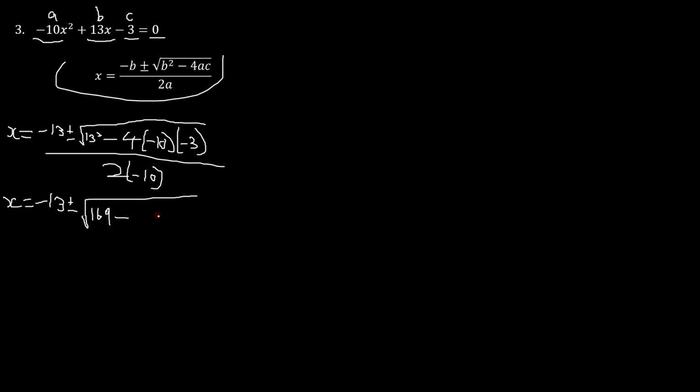Minus 4 times minus 10, minus 40, and minus 40 times minus 3 is plus 120. So plus 120 times minus here, plus times minus will always be minus. So we're going to write minus 120 all over 2 times 10, that is minus 20.